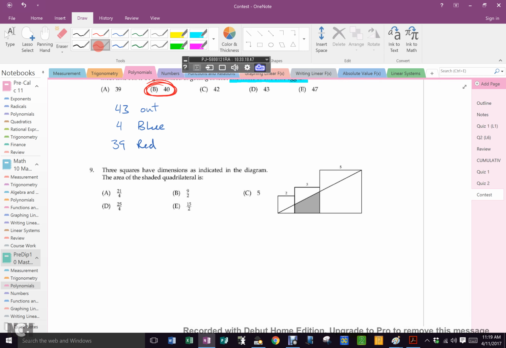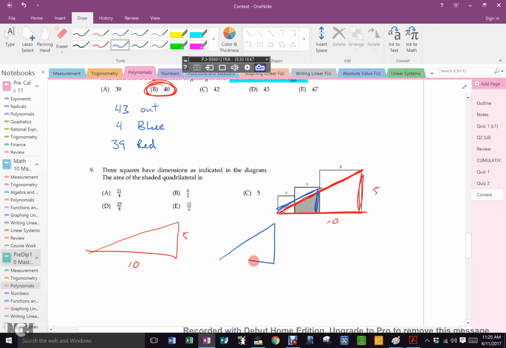This question is pretty tricky. There's the red triangle, which is 5 by 10. Then there's the blue triangle, which is x by 5.